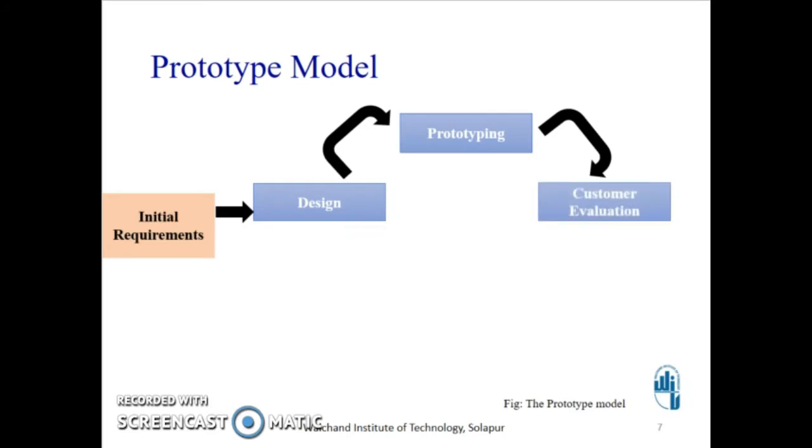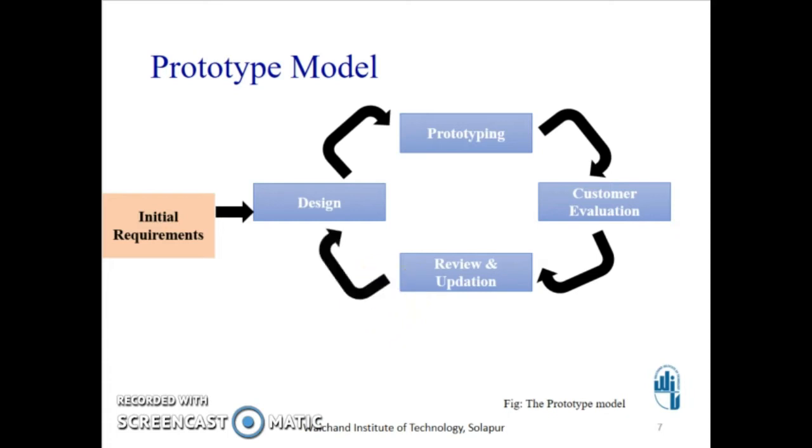The users thoroughly evaluate the first prototype, noting its strengths and weaknesses, what needs to be added and what should be removed. The developer collects and analyzes the remarks from the users. The first prototype is modified based on the comments received from the users, and a second prototype of the new system is constructed.